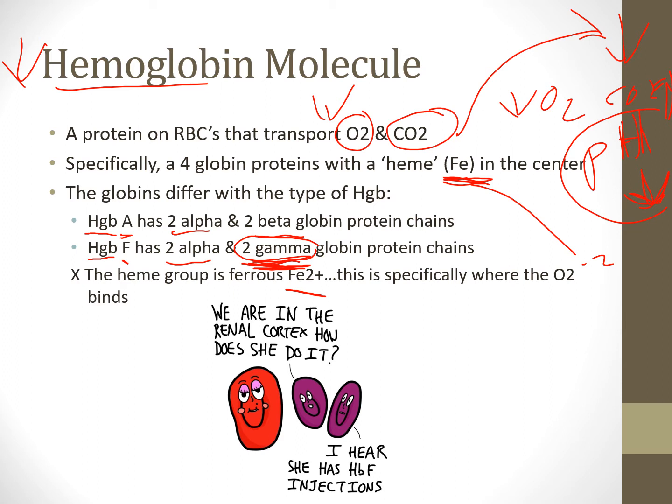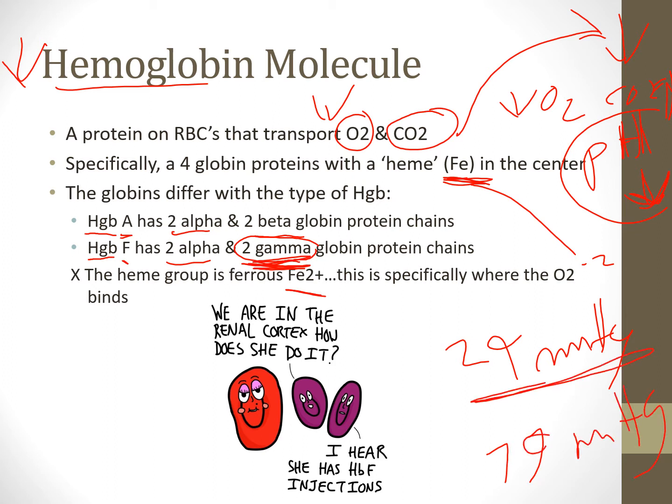So that means you could have a PaO2 of 29 millimeters of mercury compared to 79 millimeters of mercury, and you could still have adequate oxygen delivery to your tissues to develop and grow. You could still have adequate oxygen delivered to your brain, to your kidneys, to your whole body that's growing and developing in utero.